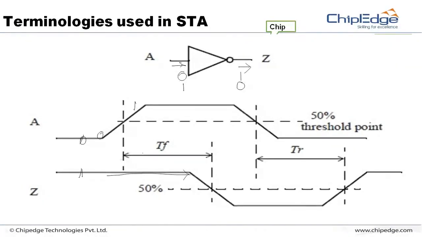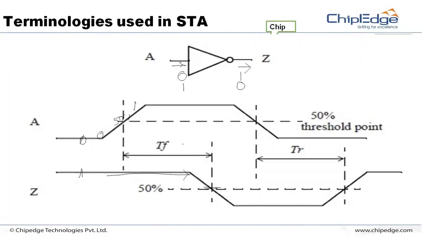The time taken for this change, we usually measure at 50% of the rise. So 0 to 1 it is rising, so 50% at the rise, and this is falling, right? So at 50% of the way, if I consider this, this is the time, this is my cell delay, my propagation delay.